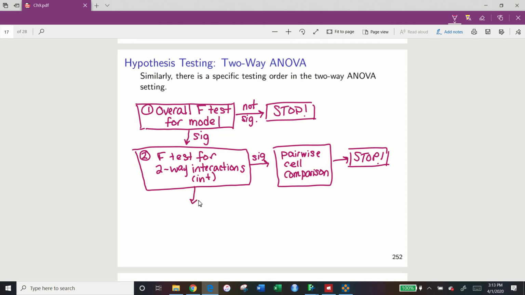If our F-test for our two-way interactions is not significant, then we'll do the F-test for our main effects.